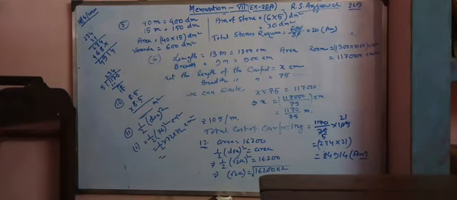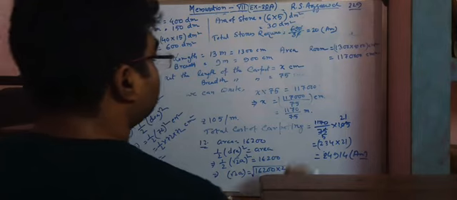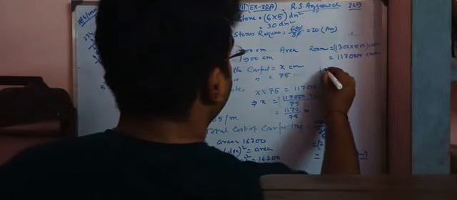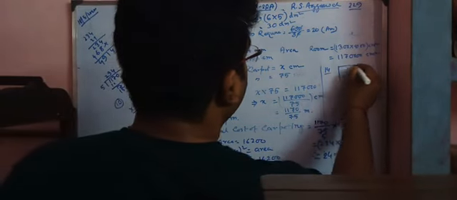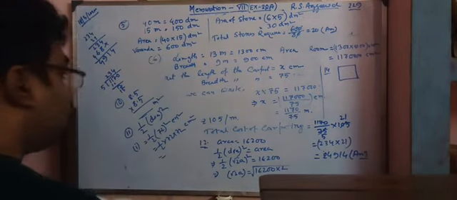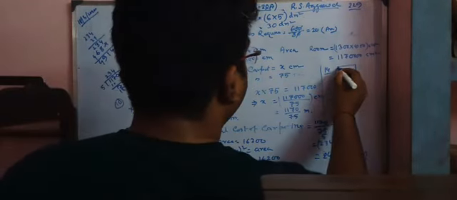Similarly, question number 14: the area of a square plot is given. Find the length of wire which can go 4 times along its boundary. Suppose we take a square plot. The perimeter is the distance around it.